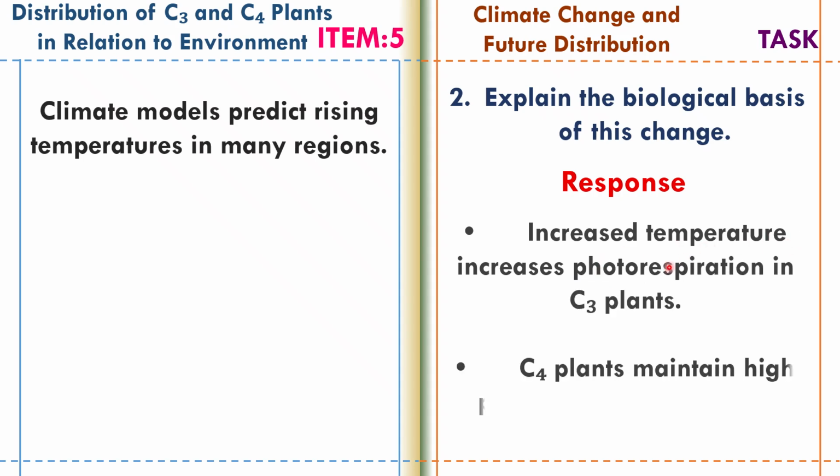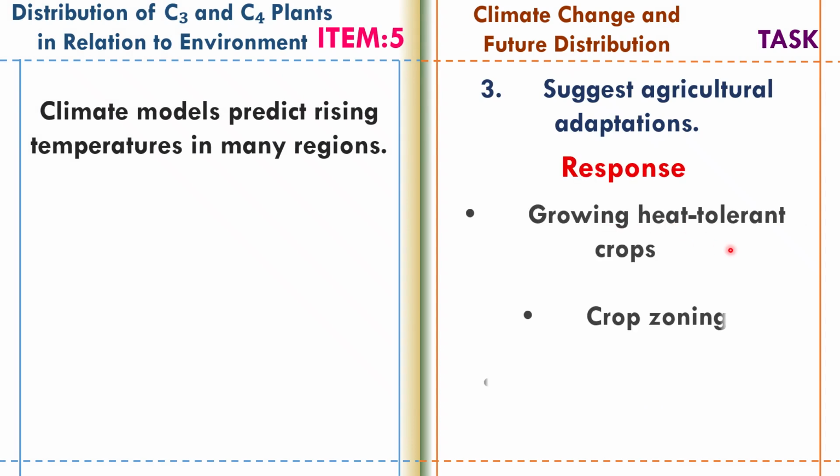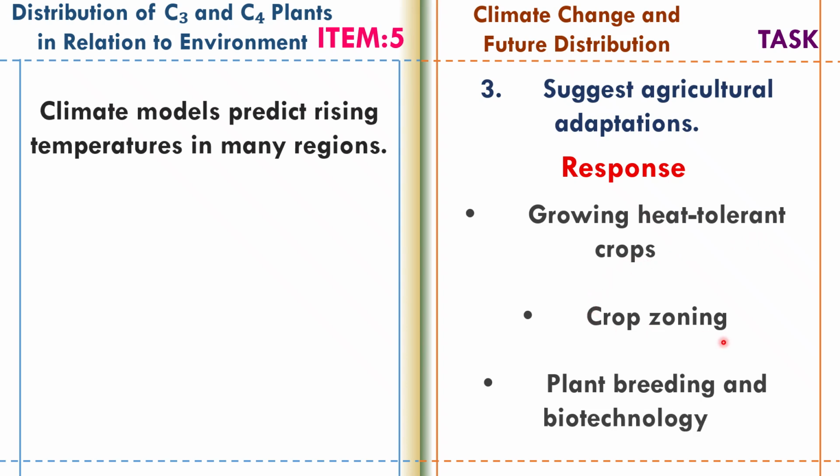Increased temperature increases photorespiration in C3 plants. C4 plants maintain high photosynthetic efficiency. Suggest agricultural adaptations. Growing heat-tolerant crops, crop zoning, and plant breeding and biotechnology.